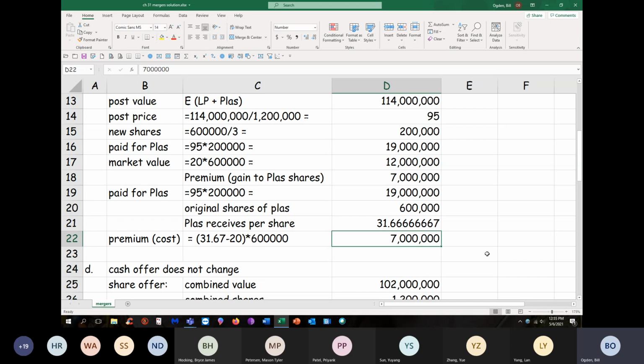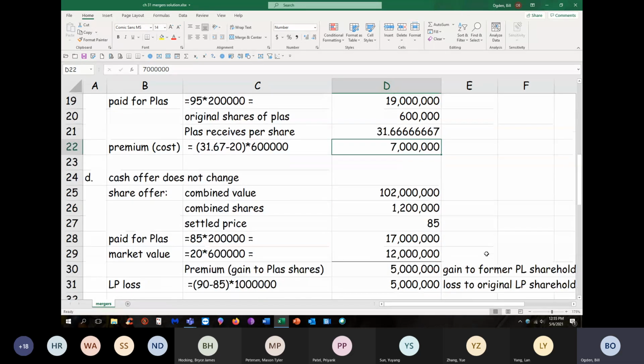All right. Then what happens if the expected improvement in growth does not occur? And we're supposed to evaluate both of the offers. So one offer would be the cash offer, and with the cash offer, the PLAS shareholders, former PLAS shareholders, are long gone.